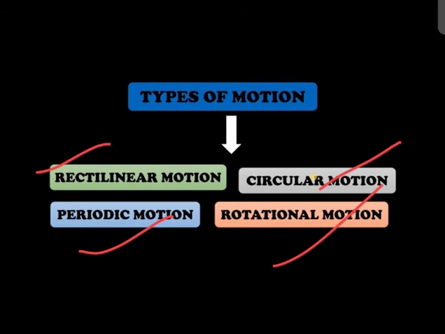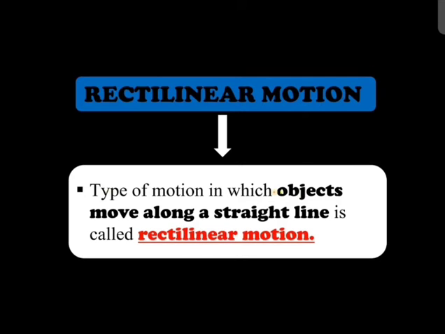So the first one is the rectilinear motion. Rectilinear motion is a type of motion in which objects move along a straight line. So rectilinear motion is a motion in which the objects always move in a straight line, and this type of motion is also known as straight line motion.